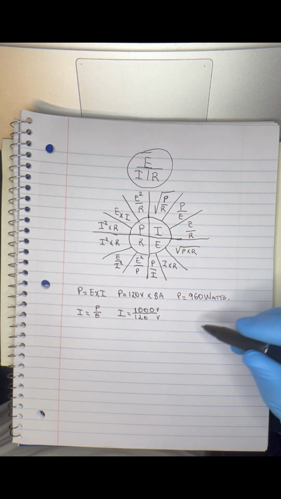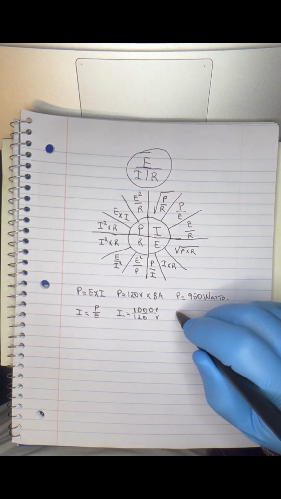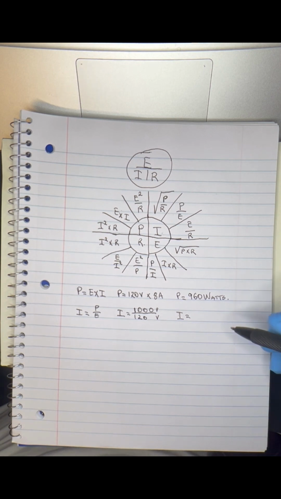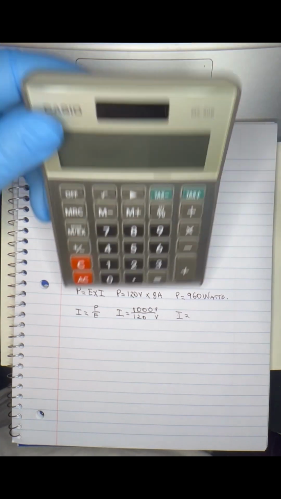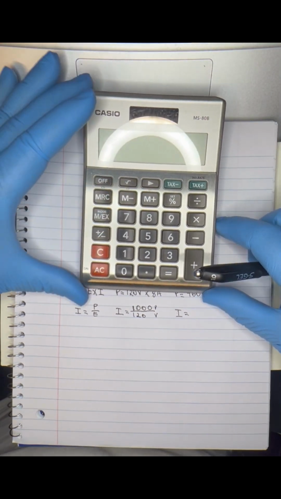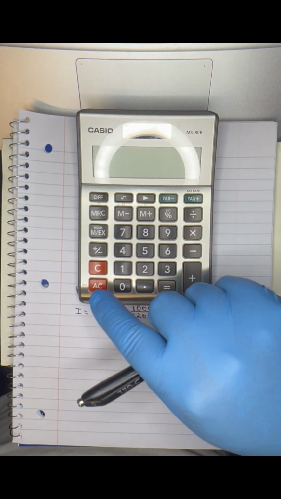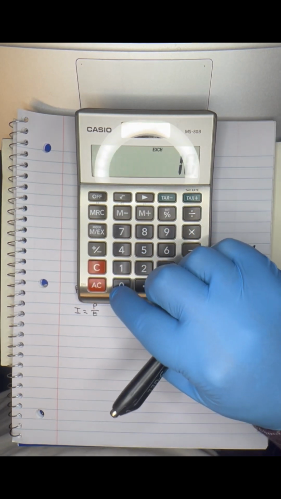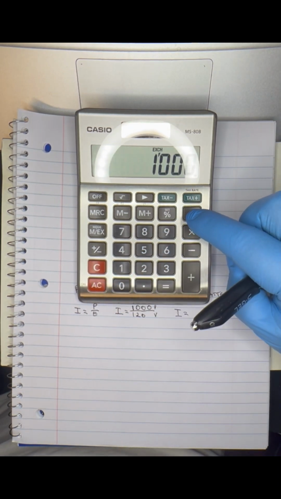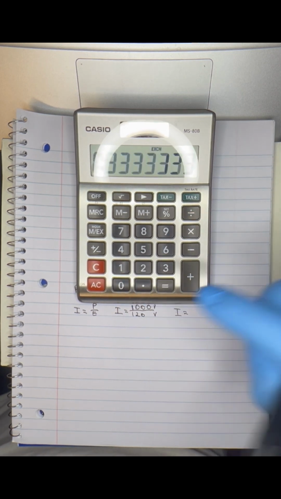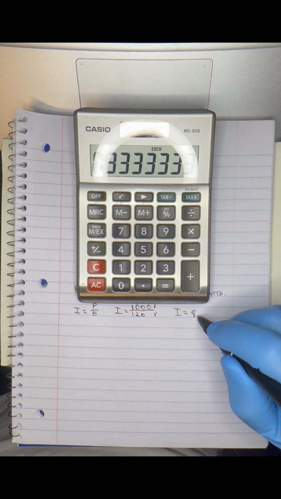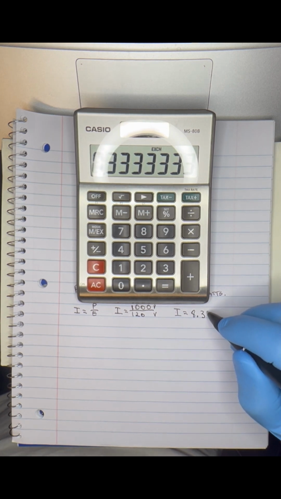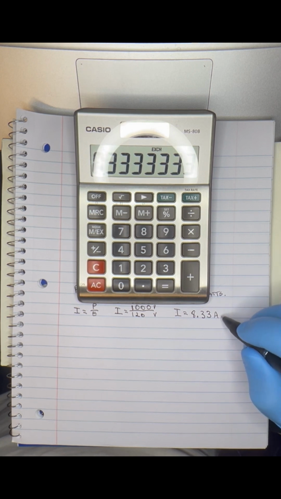Therefore, I will be, and let's go to our calculator again. We should divide 1,000 watts by 120 volts. You get 8.33 amps.